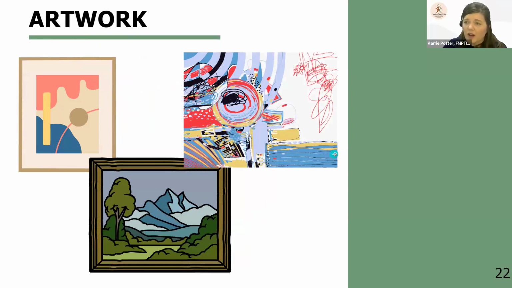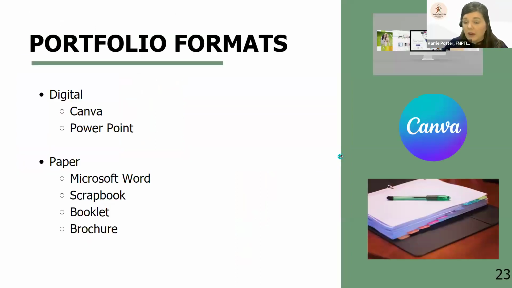So we've covered a lot of things that can be included in a portfolio. So I want to talk about different formats. You can definitely do a scrapbook method if you want, where you gather your information and put that in, creating your own scrapbook by buying scrapbook paper, things like that. Some people we've seen have had booklets created.